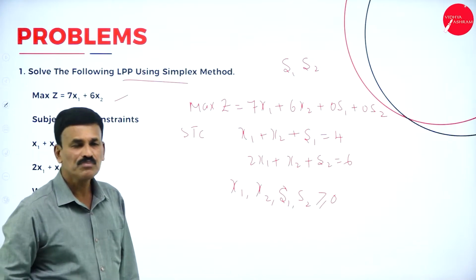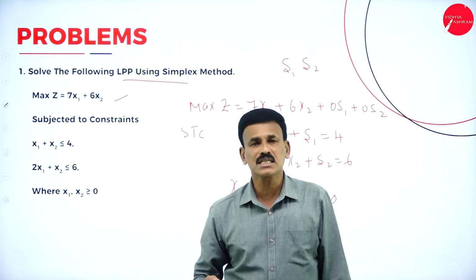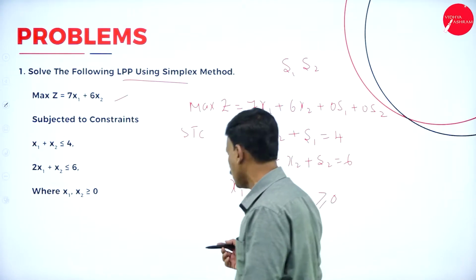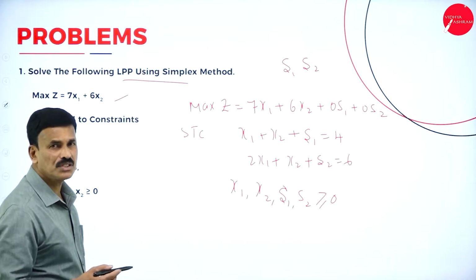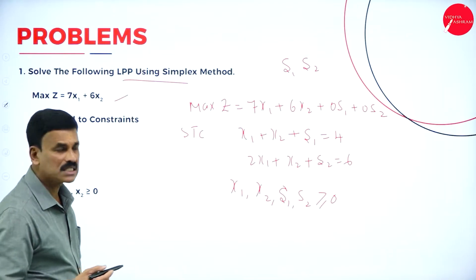Now let us construct the initial simplex table. Before going to that, let me write the coefficients of x1, x2, s1 and s2 and check whether they form an identity matrix or not.